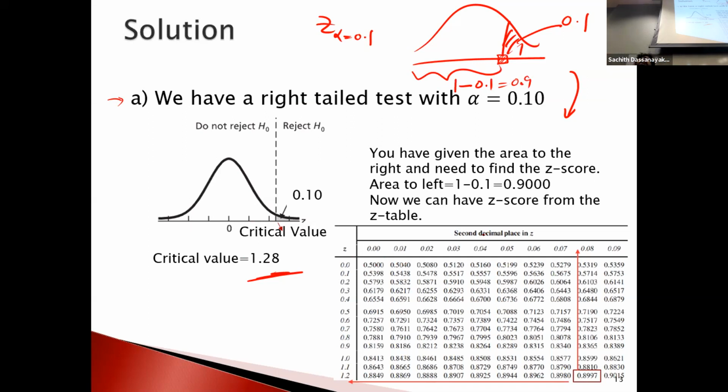I think it's table number 2. You cannot find exactly 0.9, but you can find the closest one, 0.8997. Based on that, your Z value is 1.2 plus this 0.08, which means 1.28. So this value right here, Z 0.1, is 1.28.